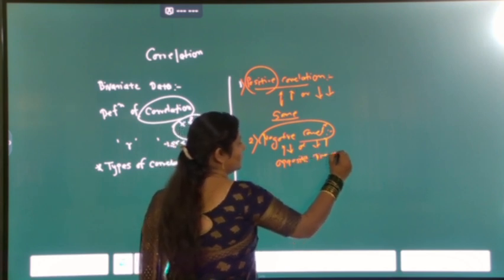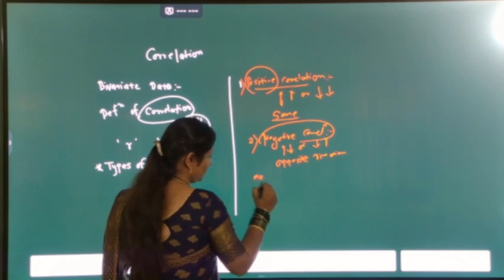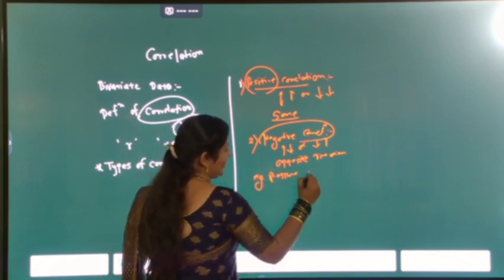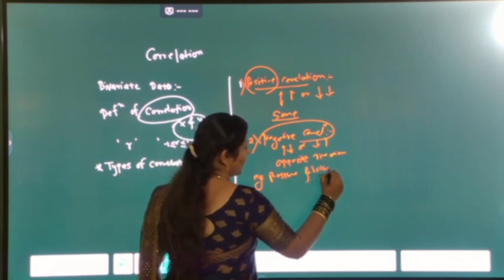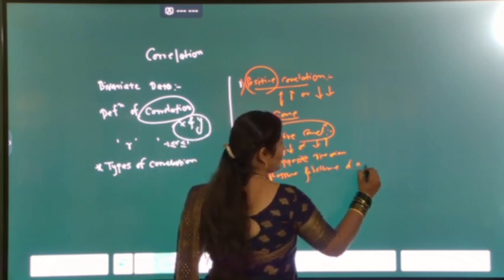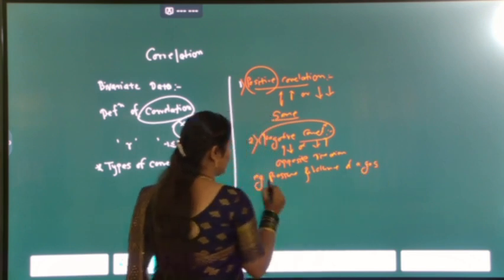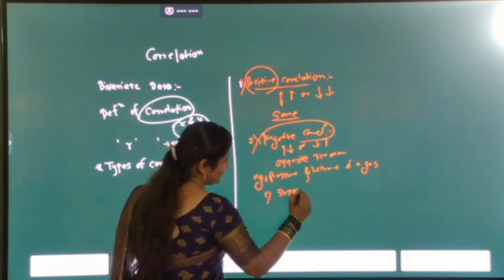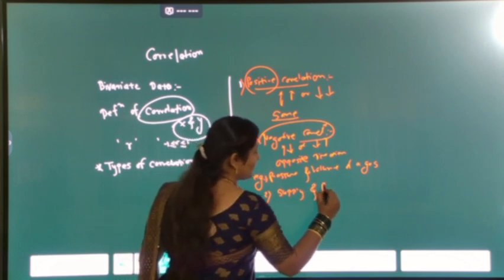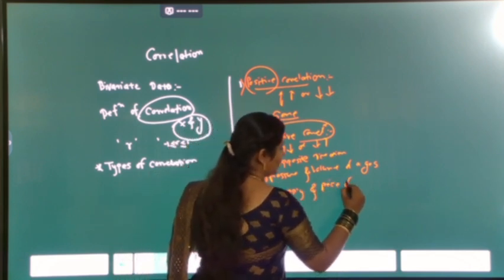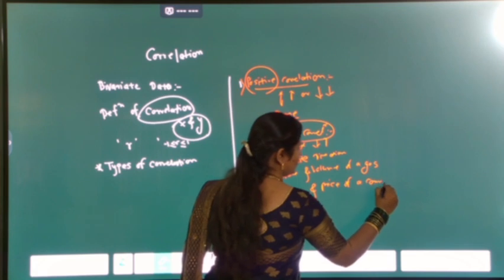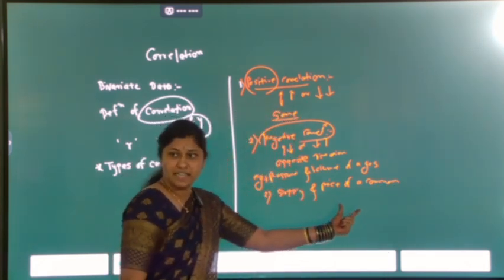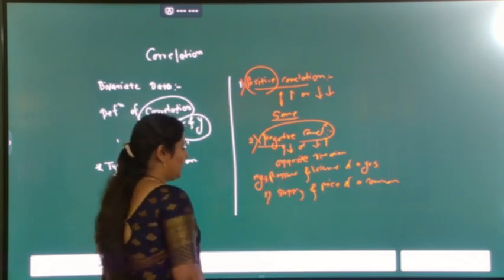For example, pressure and volume of a gas. Second example is supply and price of a commodity. When supply increases, the price of quantities decreases. These variables are negatively correlated.